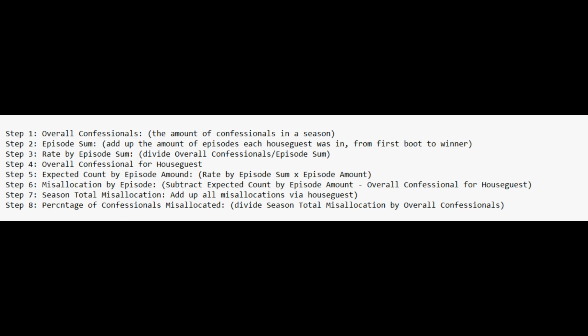We're going to divide the total misallocation amount for the season by the amount of diary rooms, and we'll have the percentage of confessionals misallocated. So that's the whole process, and if it's too confusing, look up the link that I will reference for a better explanation of this.